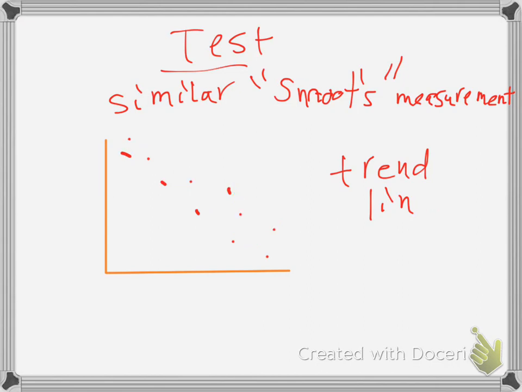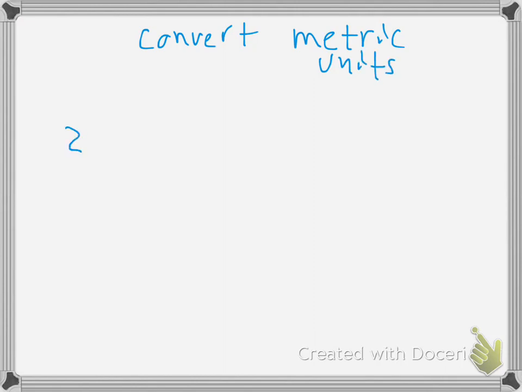And finally, I'm just mentioning things I forgot to mention in class. Convert metric units. So if I give you something like 20 milligrams, and I tell you to convert it to grams, I want you to practice this with dimensional analysis.